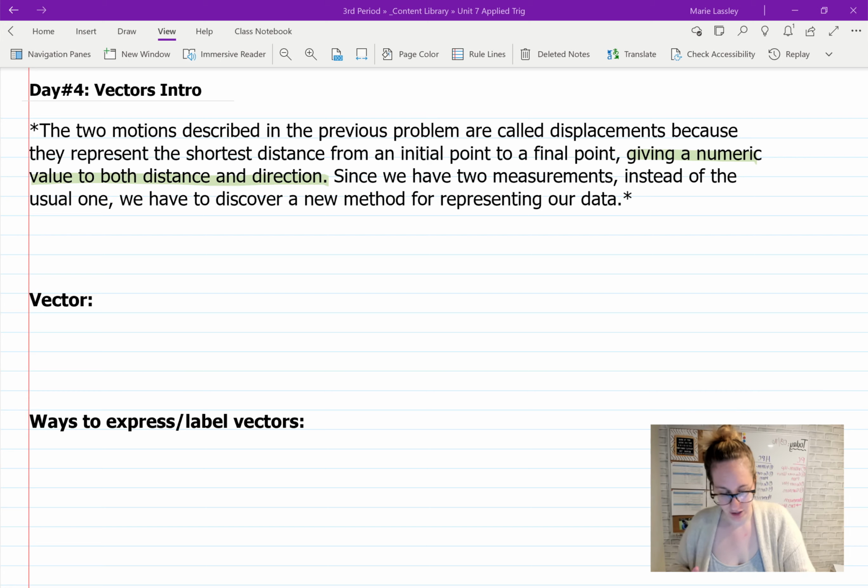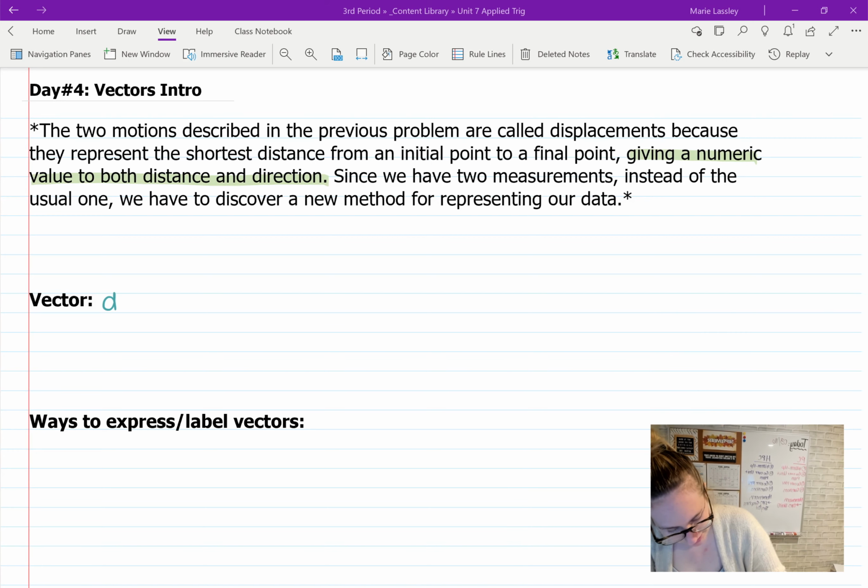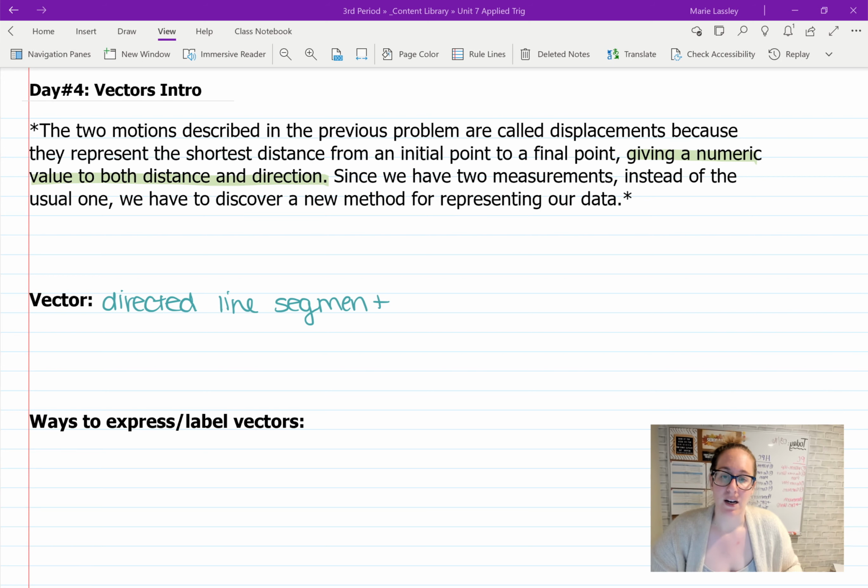So a vector, here is its textbook definition: it's a directed line segment. So it's not really that cool. Hopefully that's bringing back some geometry. A segment has a distinct start and a distinct stop.